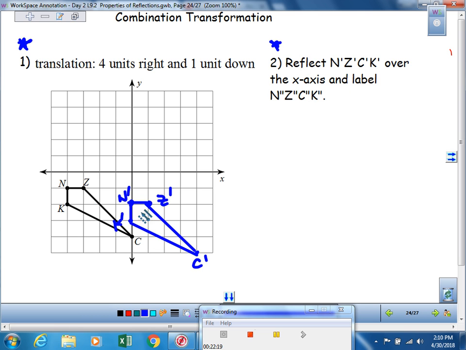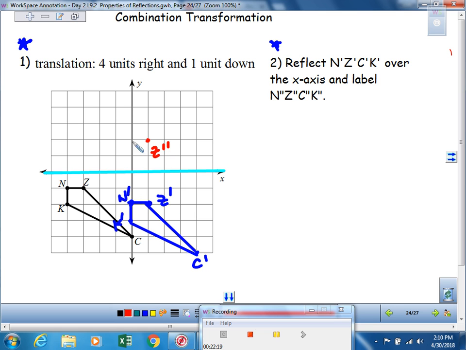Now what are we going to do? We're going to reflect my blue figure, my newly transformed figure, over the x-axis. So now we're just going to take the figure in blue and go over that x. We're going to label it with double prime. So now you count 2 away, 2 away, Z double prime.